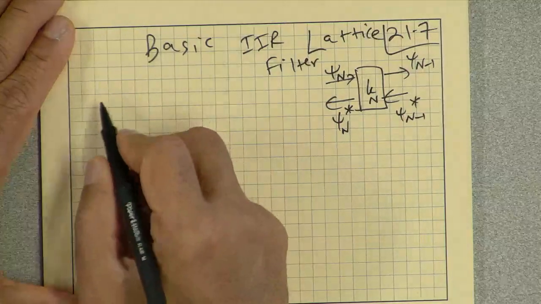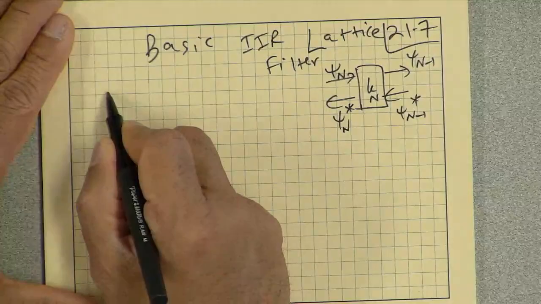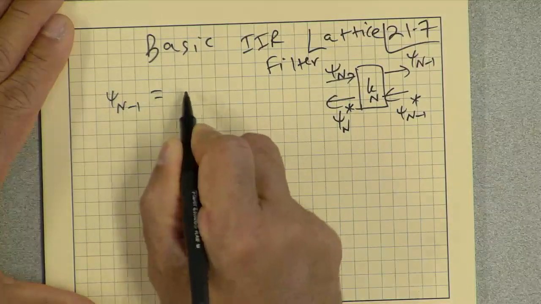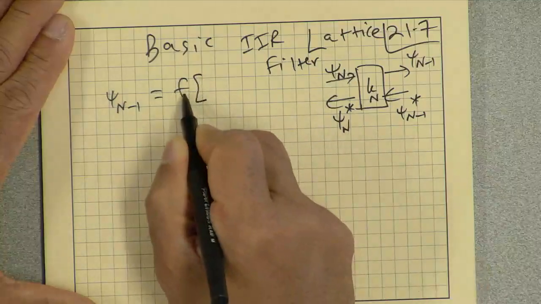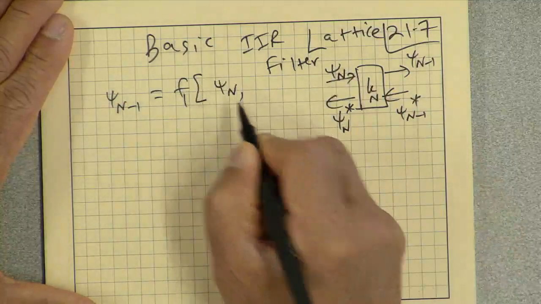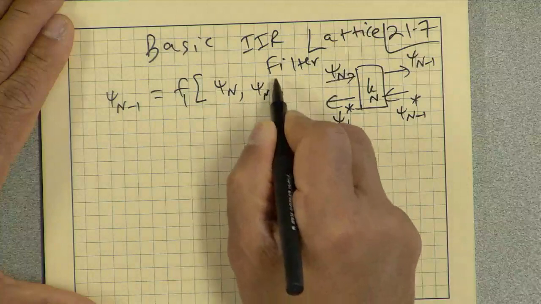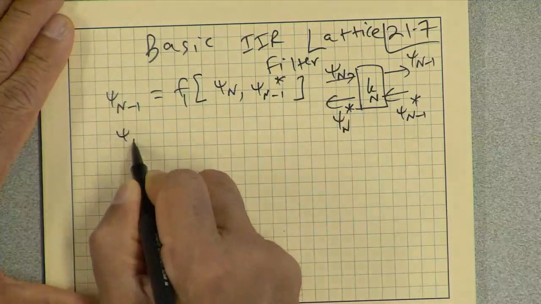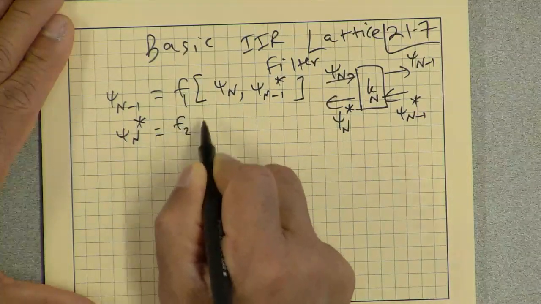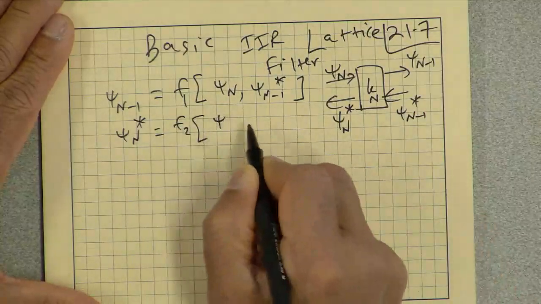I need two equations. I need psi n minus 1 as some function of the two inputs, and psi n star as some other function of the same two inputs.